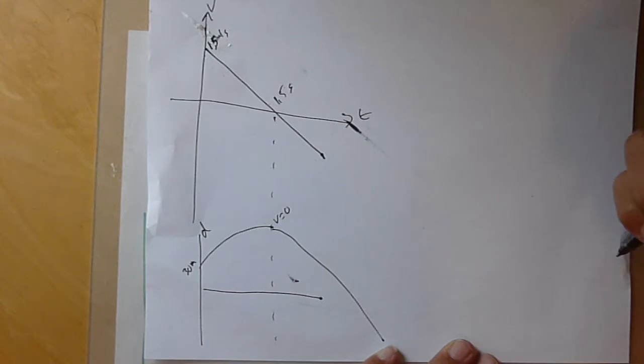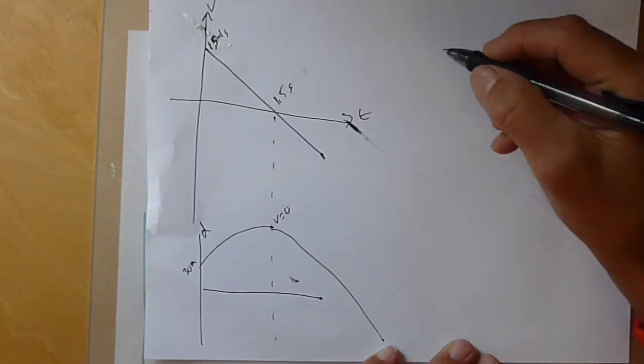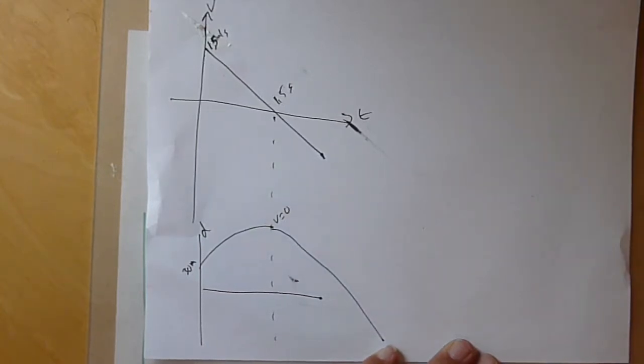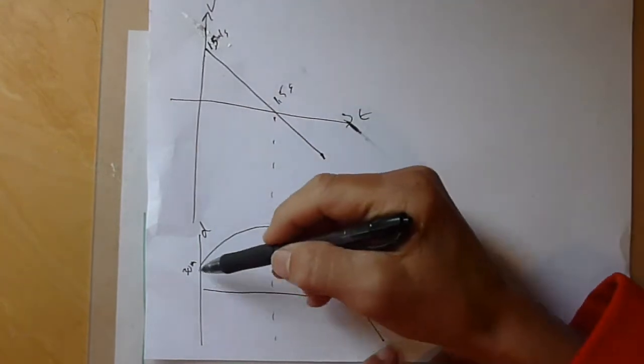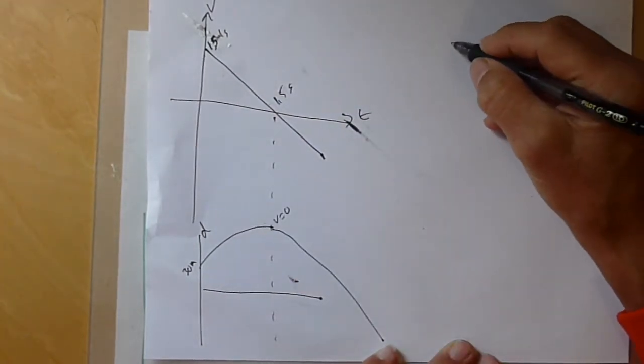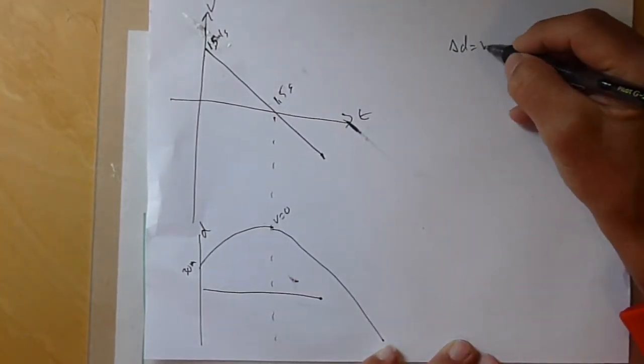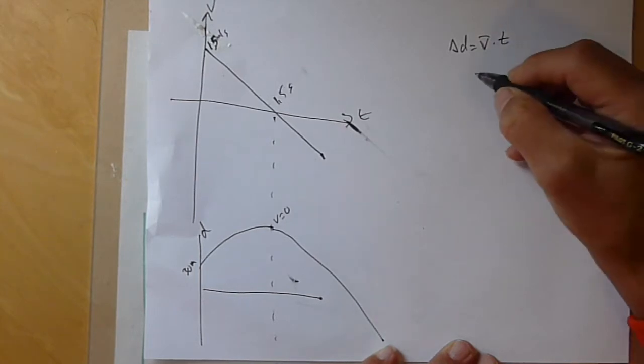It's only when it gets to the very top that we begin to get negative area, which means it's coming back down to Earth. So there's a couple of things that we can do with this information. One is that we can get the change in height. It started at 30 meters. How much higher does it go? One option is to say delta D is average velocity times t.